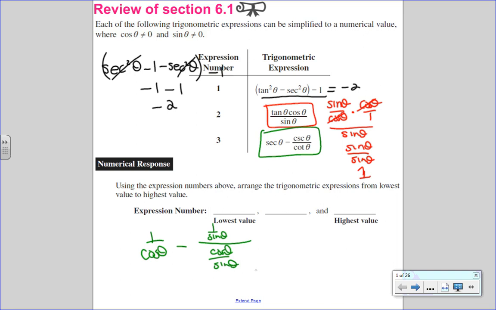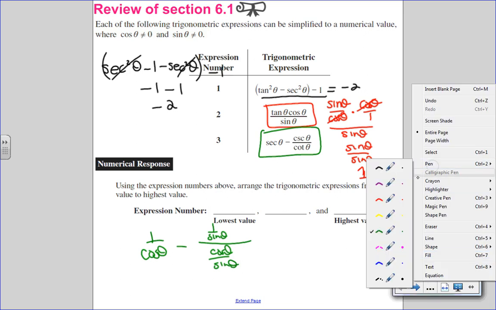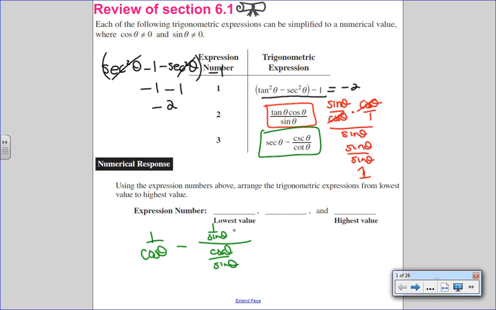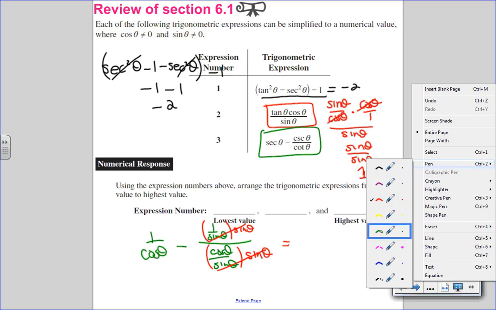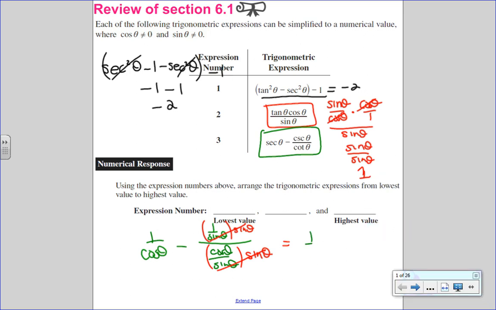To get rid of the denominator in the numerator, since I'm dividing by sine, I'm going to multiply by sine. To be fair, if I multiply the top by sine, I need to also multiply the bottom by sine. That works out nicely because then those cancel and those cancel. So I would be left with 1 over cos theta minus 1 over cos theta, which is just 0.